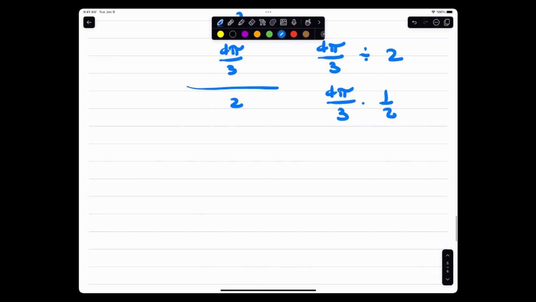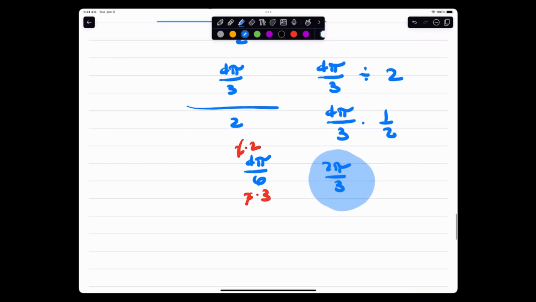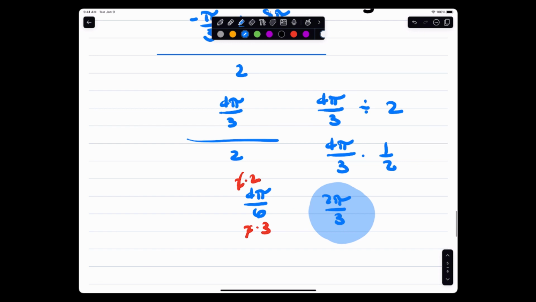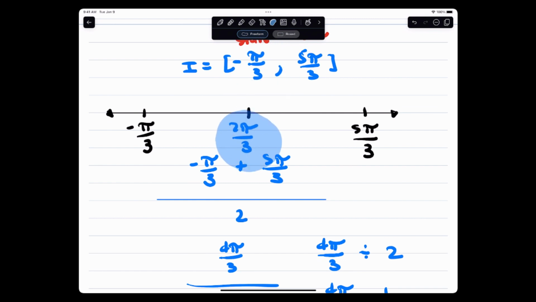And you say, what is that going to be? You can say 4 pi over 6. Is that true? And yes, it'll be 2 pi over 3. And that goes right in here.